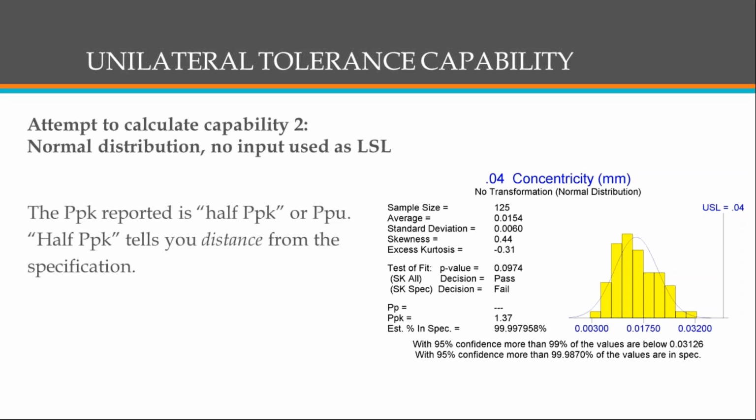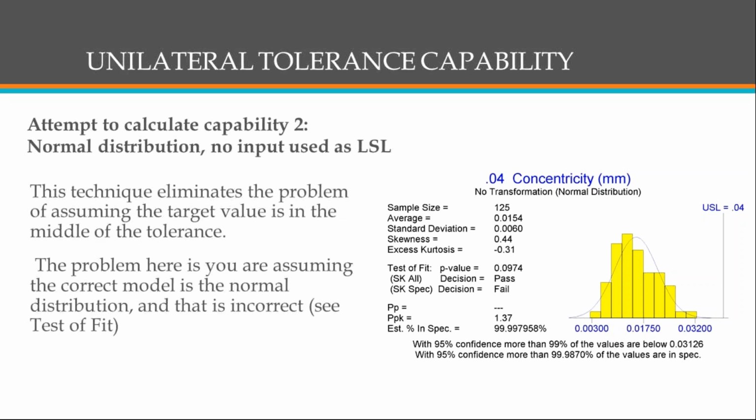In this case, we're just going to use PPU and we're going to ignore PPL. So we're going to look at the distance from the mean to the upper spec limit, or PPU. The technique eliminates the problem of assuming the target value is in the middle of the tolerance. So that's good. The problem here is you're assuming the correct model is the normal distribution, and that's bad.